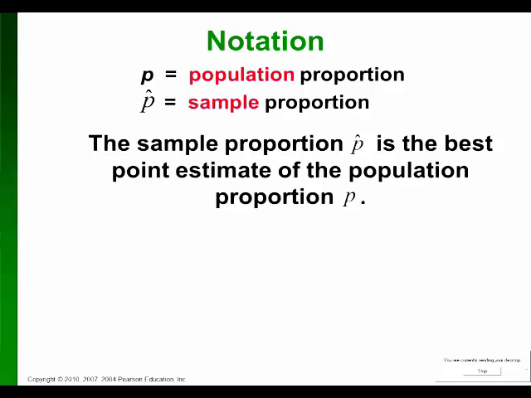Notice that lowercase p is the population proportion. Have we seen this symbol before? I can't remember. Okay, this has an amazing name. This is p hat. Honestly, that's what you call it. P hat is the sample proportion. P no hat is the population proportion.